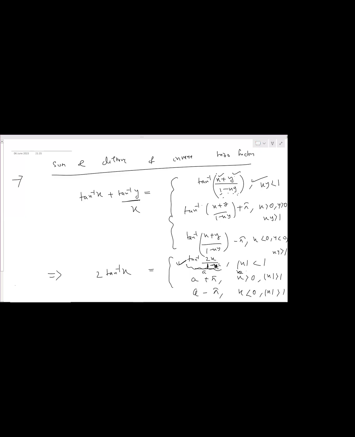Back-to-back questions come in JEE main using these formulas. Done? Yes, sir. Done.